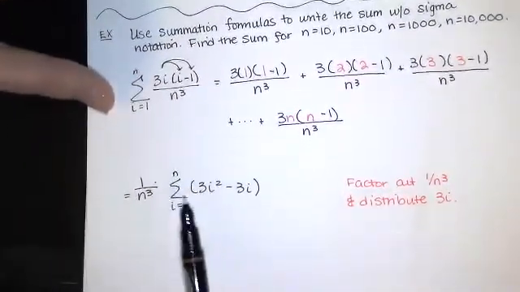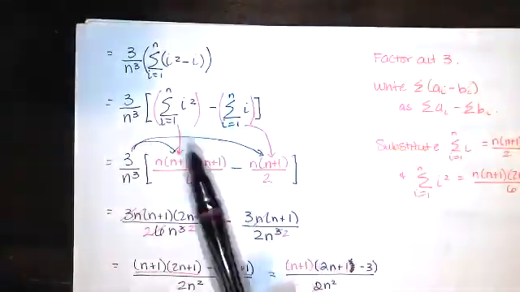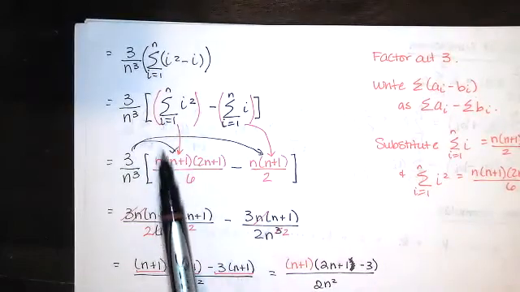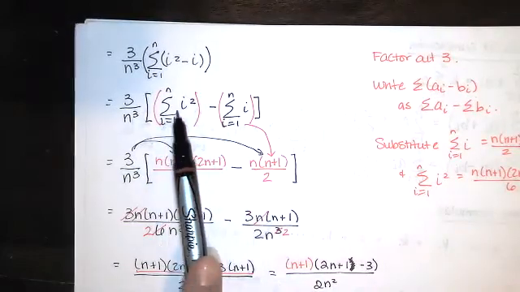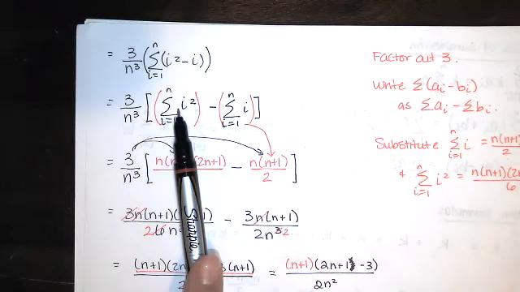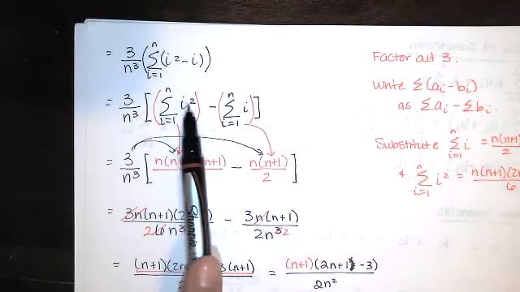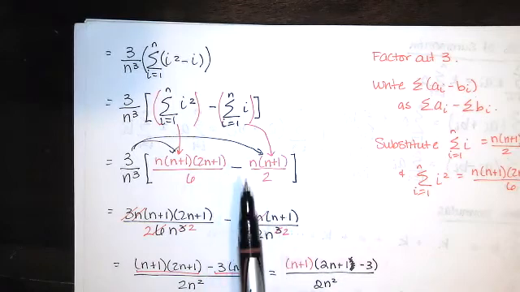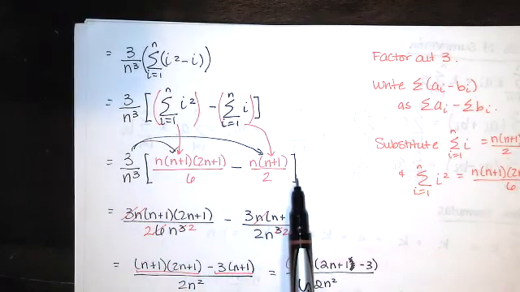So usually it's factoring out constants. If you have a sum or difference of terms, using this property here. And then once you get to this point where you start to see something from your summation formulas, then you just substitute. This gets replaced with this. This gets replaced with this. Then that's your answer. That's what that expression is without any sigmas in it.